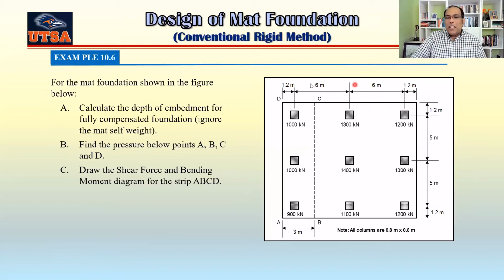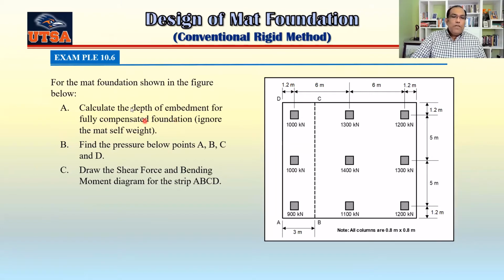So that's basically the example. I'm going to do that one on the board, which is showing that there are 9 columns here and there is a strip here, A, B, C, D. So this one is saying calculate the depth of embedment for the fully compensated foundation.